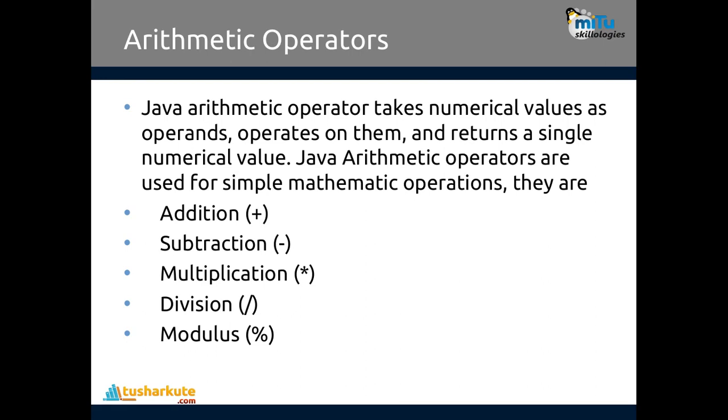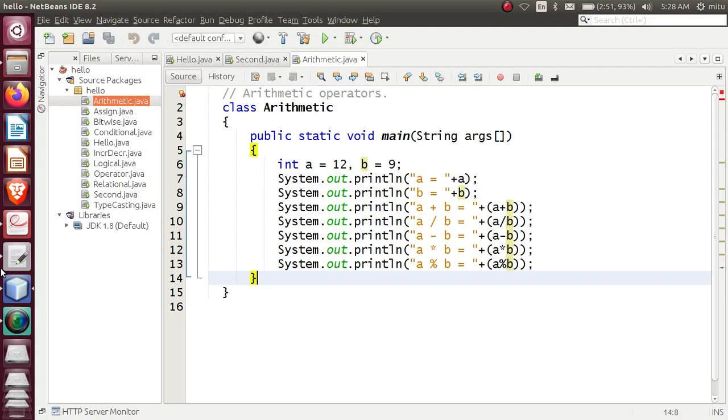Let's see how to make use of these operators in actual programming. I have created my programs here, so let's see. Okay, so this is my first program of arithmetic operators. Let's understand how I have used these operators in this program. I've declared integer variables here, int a equal to 12, b equal to 9.